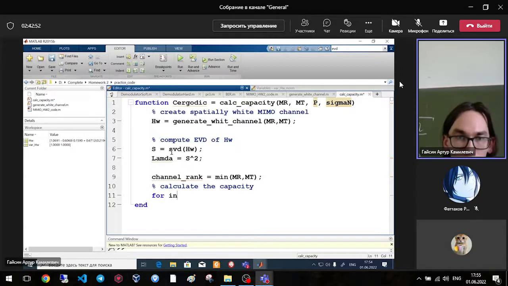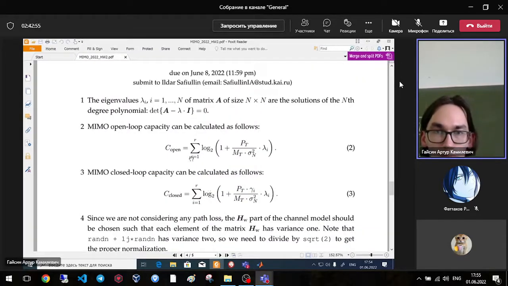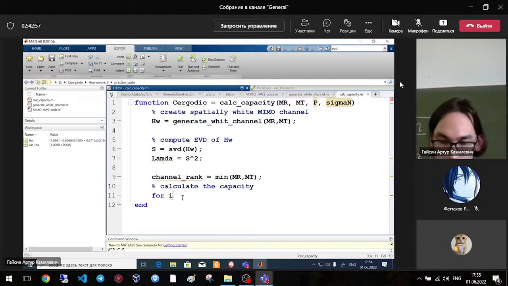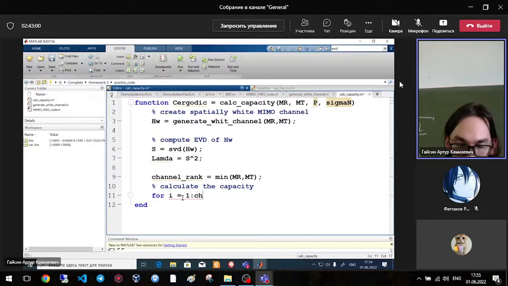Let's call the index I, because we go for this I. So I goes from 1 up to channel rank.